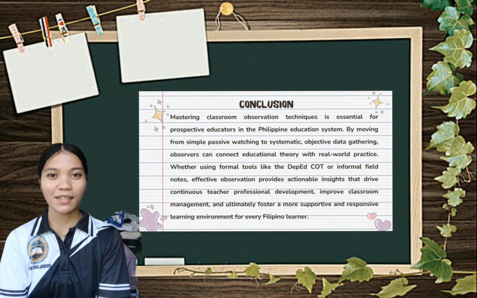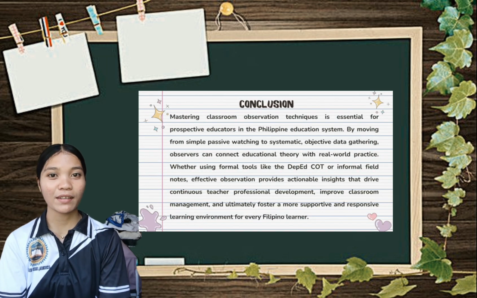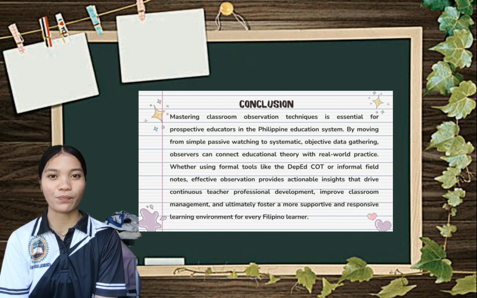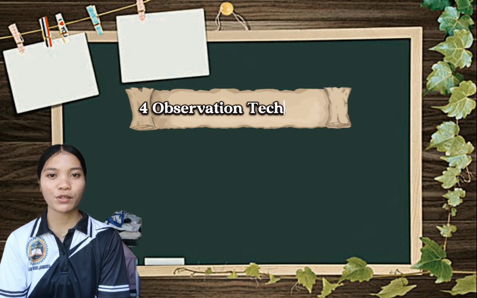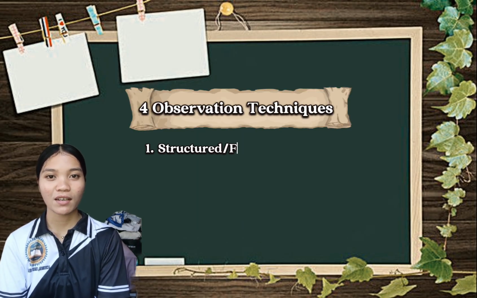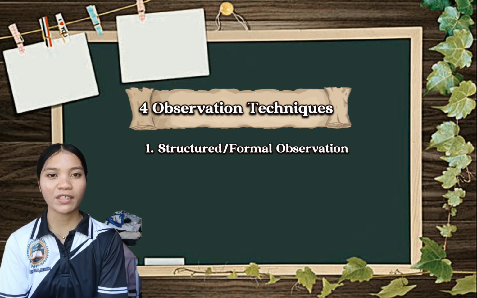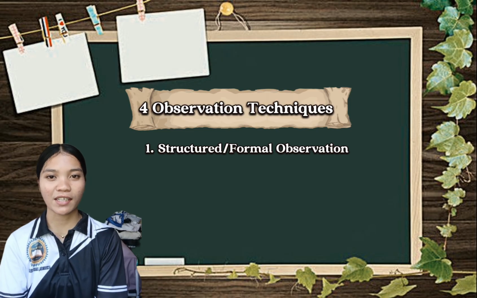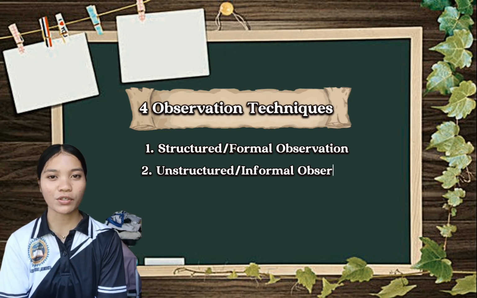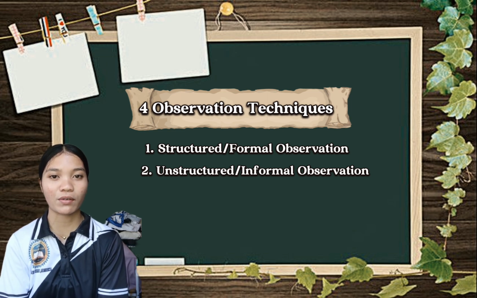So this shows that observation is not simply about collecting information. To summarize, classroom observation is not simply watching. It is a deliberate, systematic, and objective process of watching, listening, and recording what happens inside the classroom. We discussed four major observation techniques. First, structured or formal observation, which uses specific criteria, checklists, or rating scales. Second, unstructured or informal observation, which uses descriptive field notes to record events as they naturally occur.